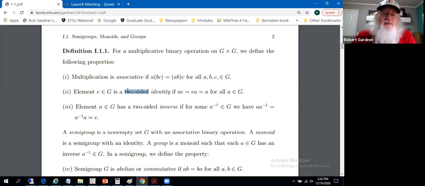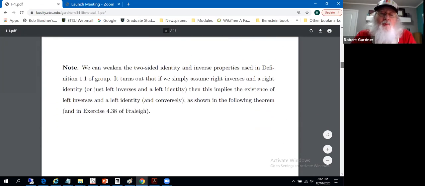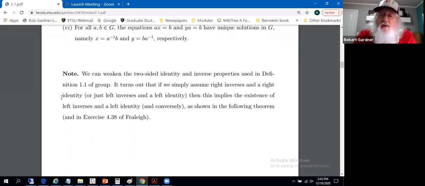So there was this emphasis on two things, left and right: two-sided inverse, two-sided identity. Well, it turns out that if we simply assume right inverses and right identities, then you can show that you have identities and inverses. Or if you only assume left inverses and left identities, then you can show that you have two-sided inverses and two-sided identities. This is a theorem we're about to claim.